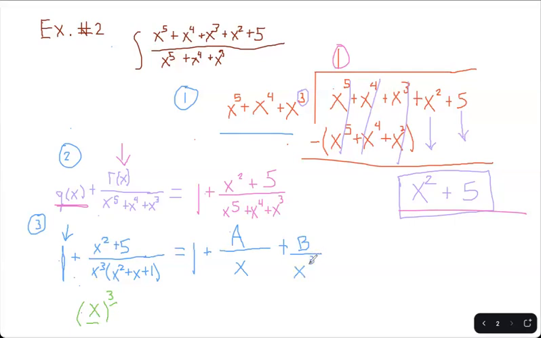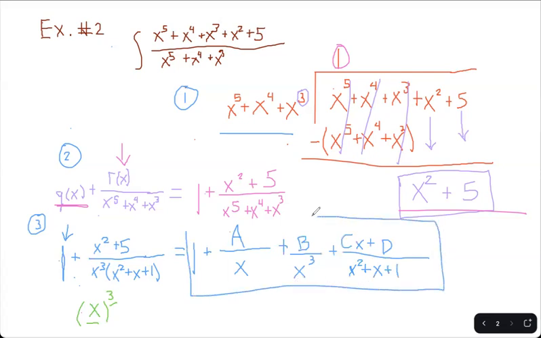X cubed plus our denominator is going to be x squared plus x plus 1. But like the other one, this is going to be cx plus d. And this is the setup for this one.